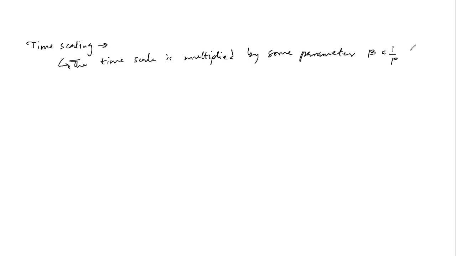I will say in time scaling, the time scale is multiplied by some parameter beta, where beta is the same as 1 over p, to achieve one of two things. So the first is signal compression.